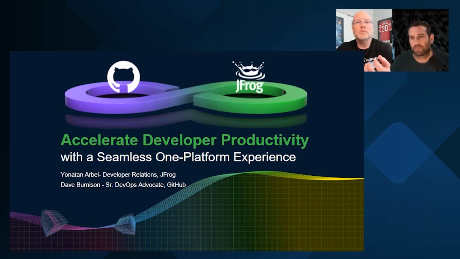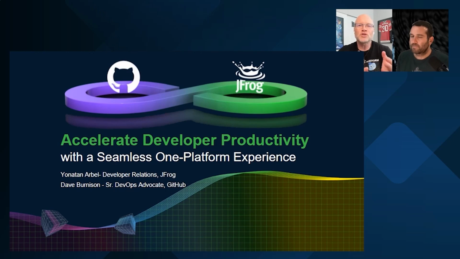GitHub has become the backbone of enterprise DevOps tool sets. There are over 100 million registered users on GitHub today, but it's not just a single enclosed platform. We have broadened the ecosystem through APIs and various integrations so that you can leverage best of breed tools like JFrog Artifactory and Xray.